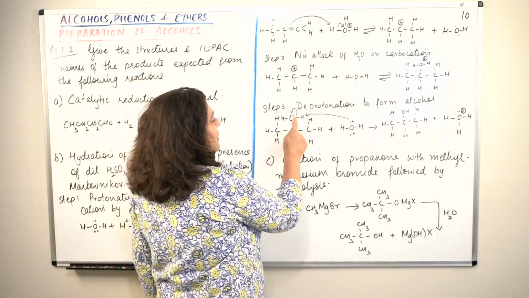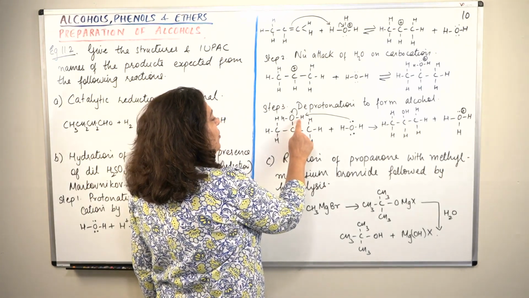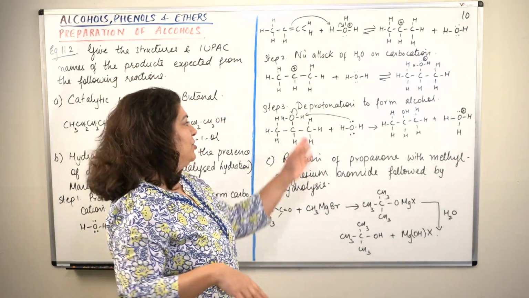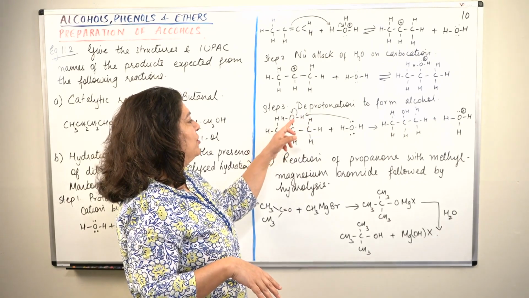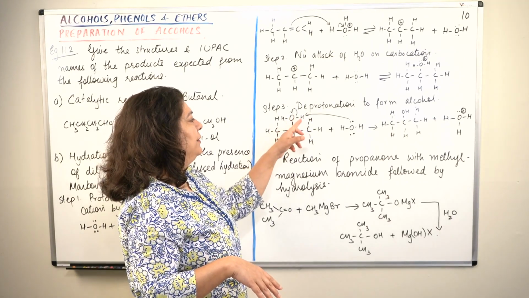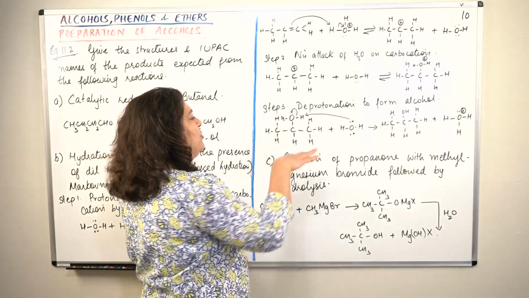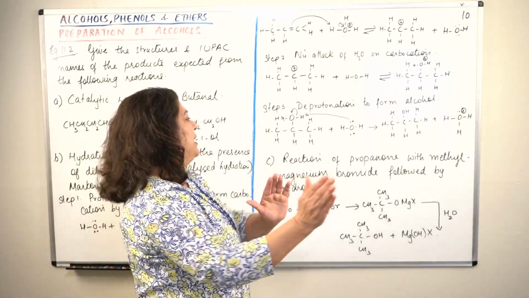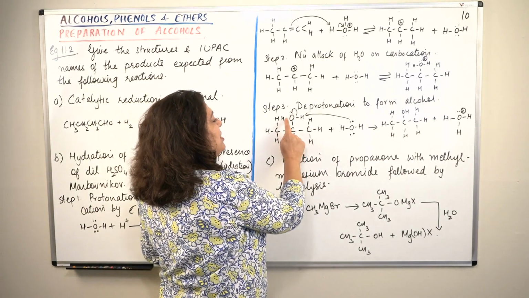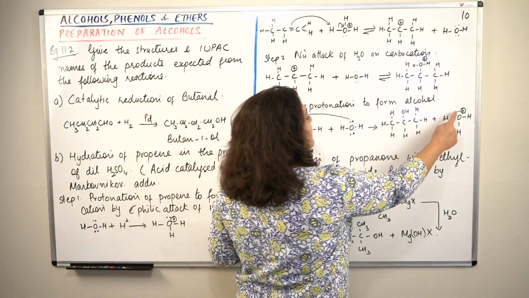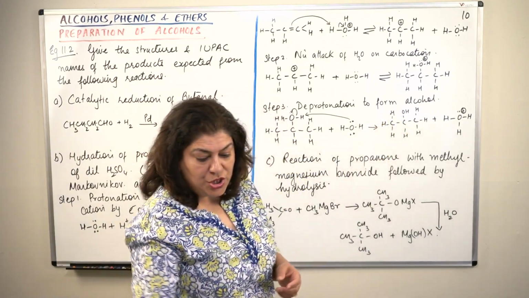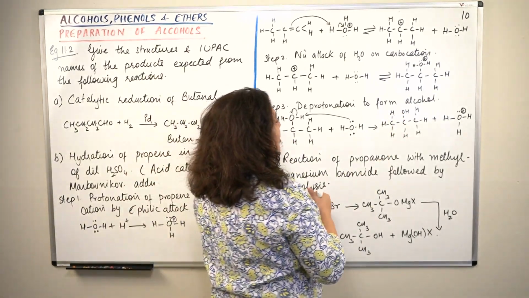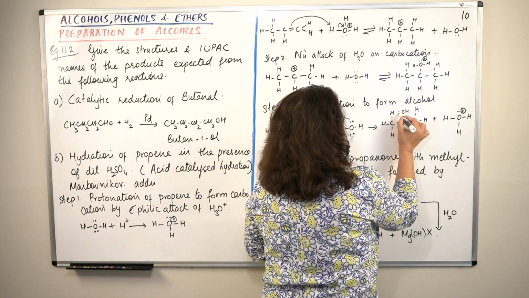So what happens? The hydrogen here decides, okay, I'm leaving without this electron. So it leaves as H positive. It gives both the electrons. One electron was of oxygen, the other electron was of hydrogen, but hydrogen loses its electron, forms H positive, and oxygen gets back both of its lone pairs here.